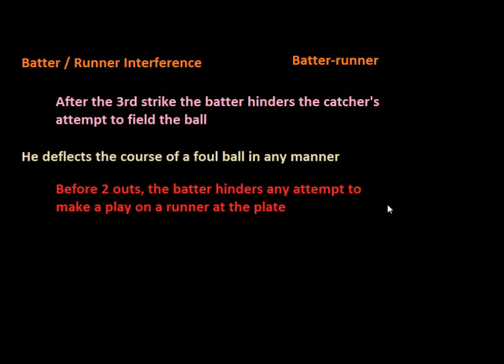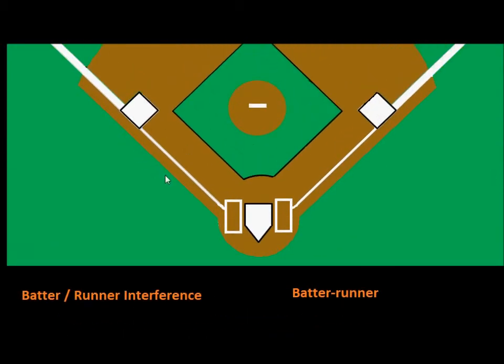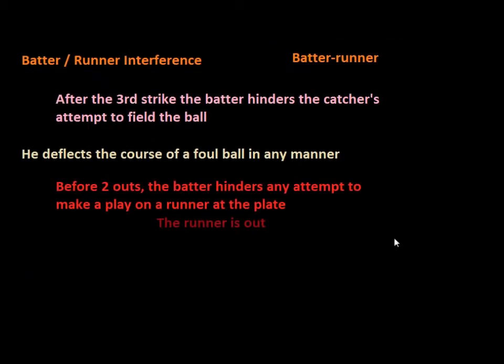This is a situation in which the batter would not be called out, but the runner would be called out. Maybe the runner is attempting to steal home, or gets caught in a rundown, and the batter somehow interferes with the play. Then we would call the runner out rather than the batter.